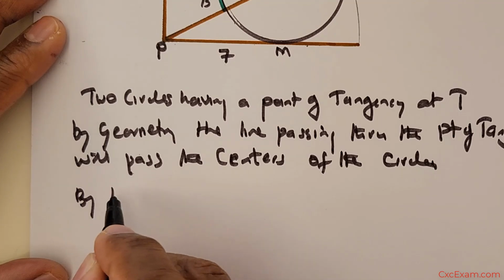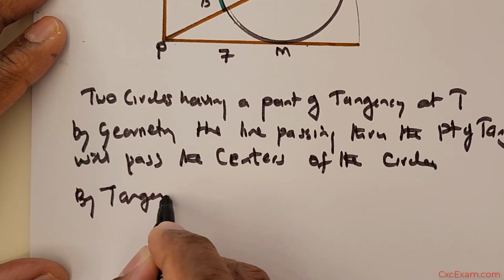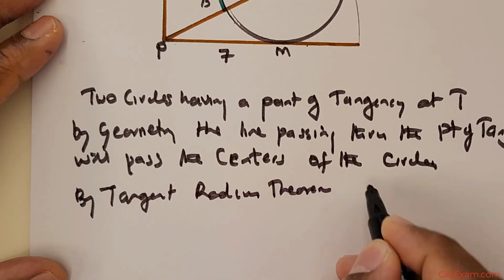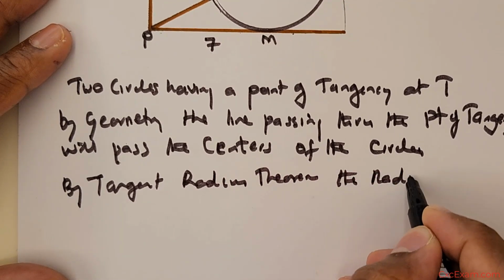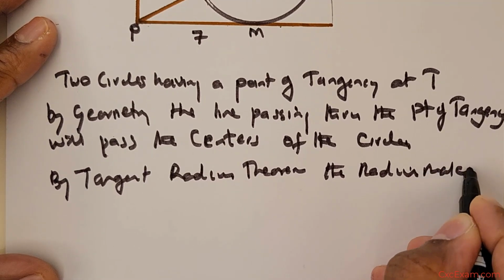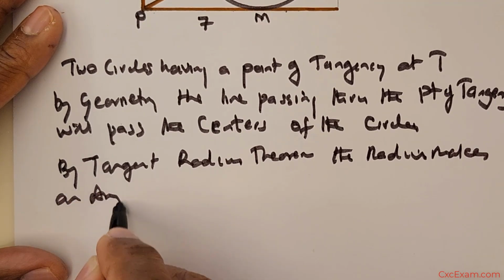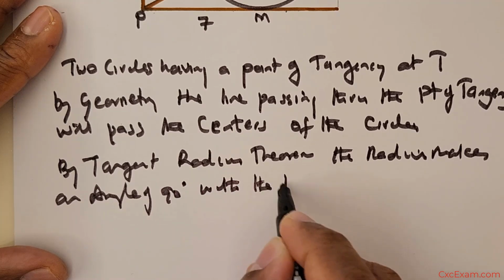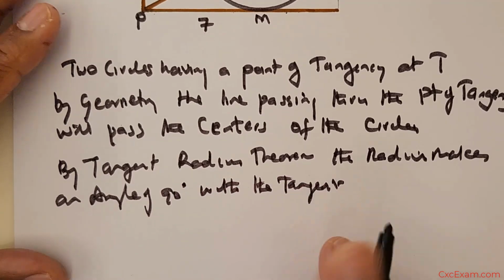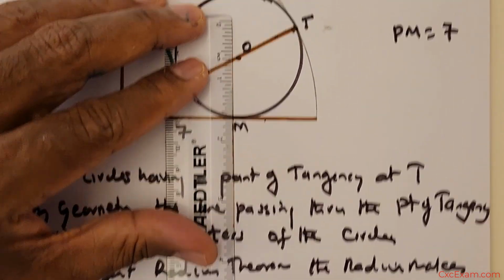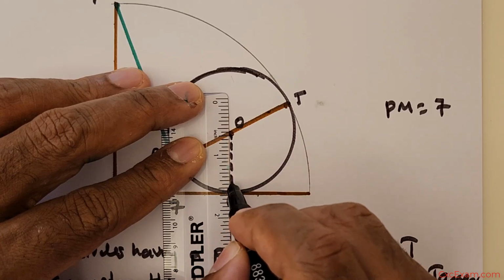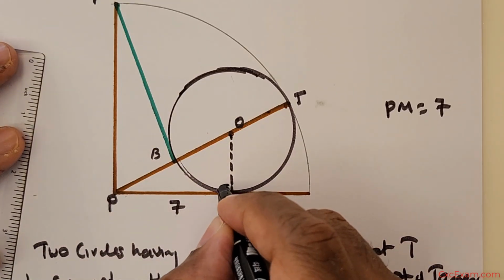By tangent radius theorem, the radius makes an angle of 90 degrees with the tangent. So from here there is a 90 degree hit. Okay, there's a 90 degree hit.